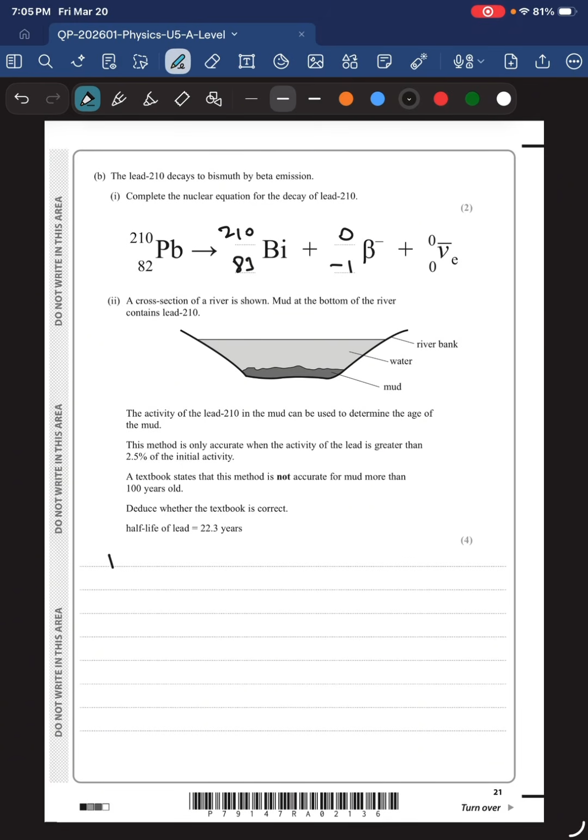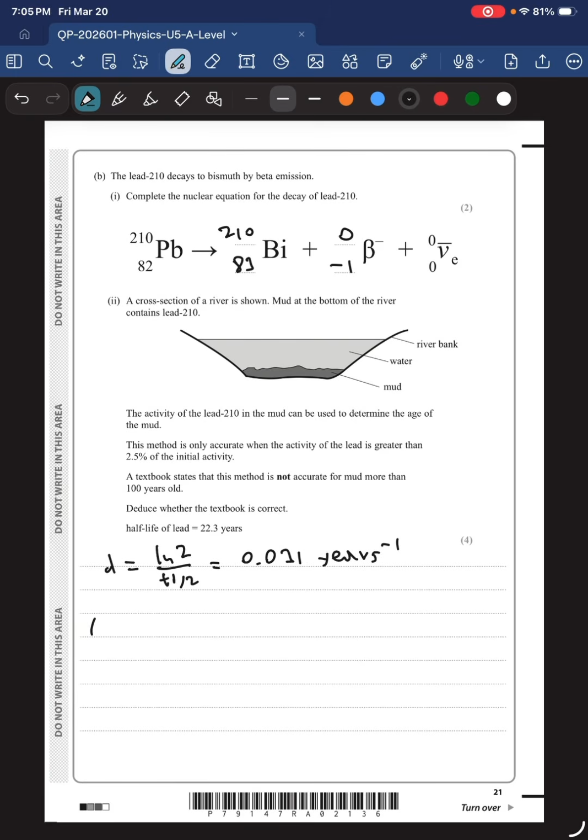So from the half-life, we can calculate lambda, the decay constant. So lambda is ln of 2 over t half, or 0.031 years to the -1. And we can calculate how many years it will take to have at least 2.5% left.